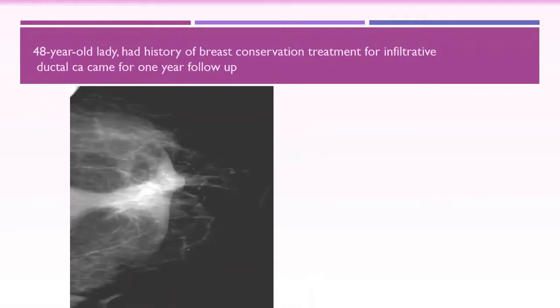A 48-year-old lady had a history of breast conservation treatment for infiltrating ductal carcinoma. She came for one-year follow-up. There is a density involving all the retroareolar area up to the posterior aspect of the breast.